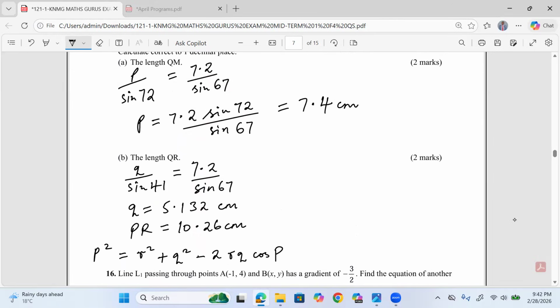That is the statement of the cosine rule with reference to the triangle that we are having.